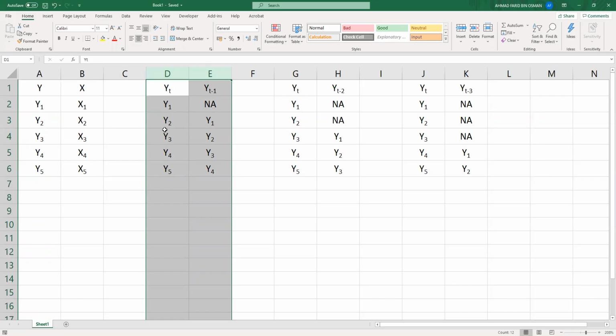So let's say you have monthly data. If this is January, this is data for February. You want to know how the values of the current month and the previous month relate: February and January, March and February, April and March, and so on. Current and previous month, so this is lag one.